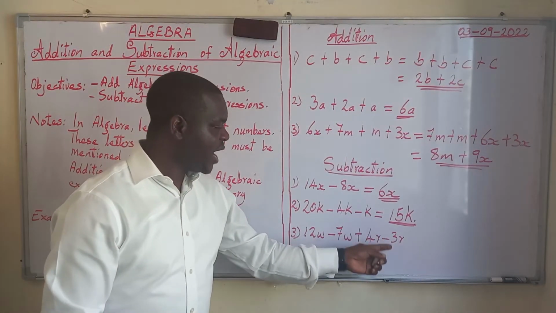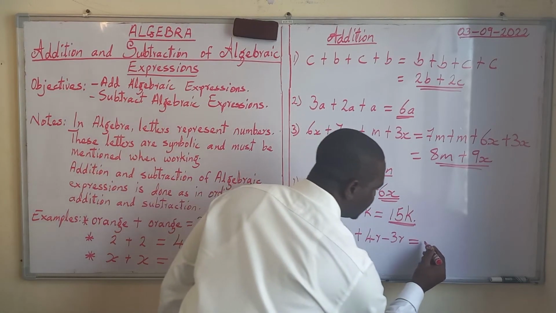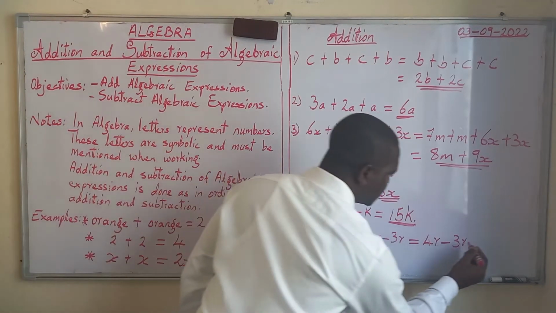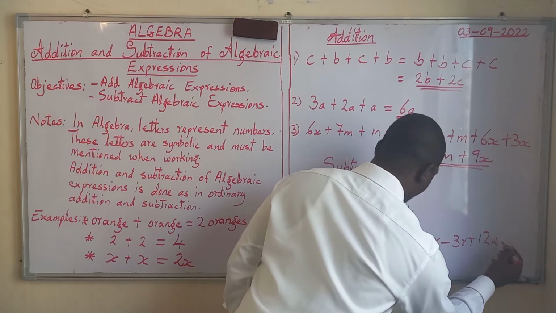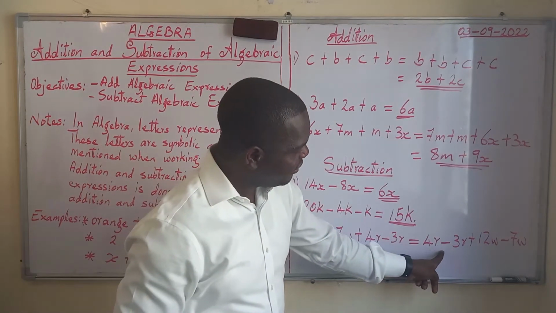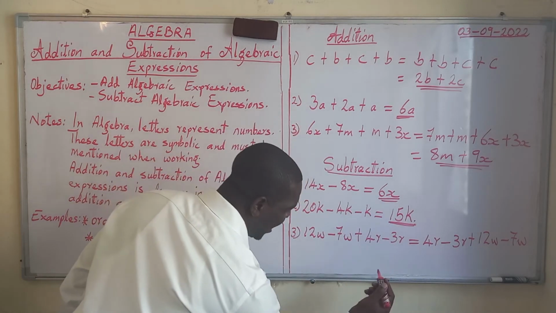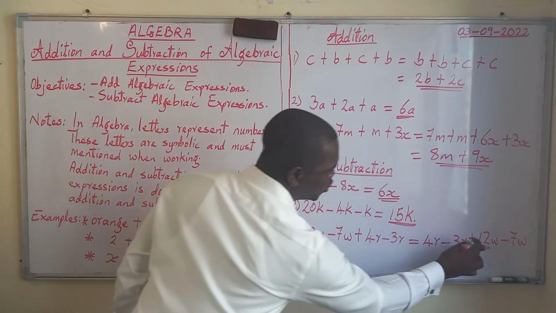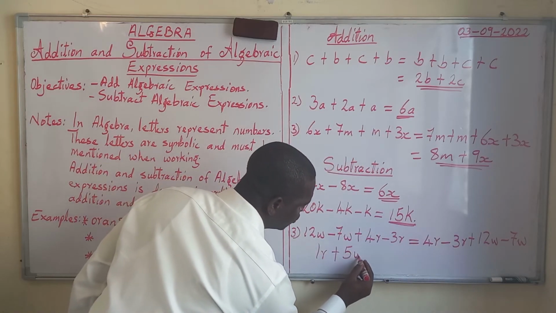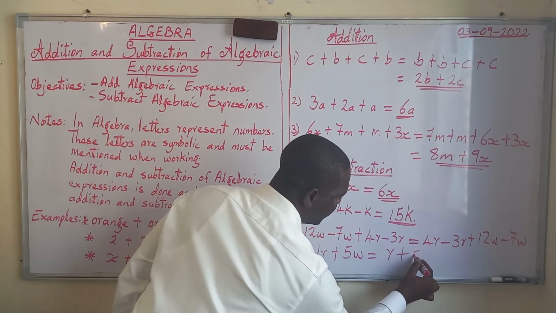R comes first, so we put R first: 4r minus 3r plus 12w minus 7w. 4r minus 3r will give us an r, or 1r if you want, plus 12w minus 7w will give us 5w, and this is the same as r plus 5w.